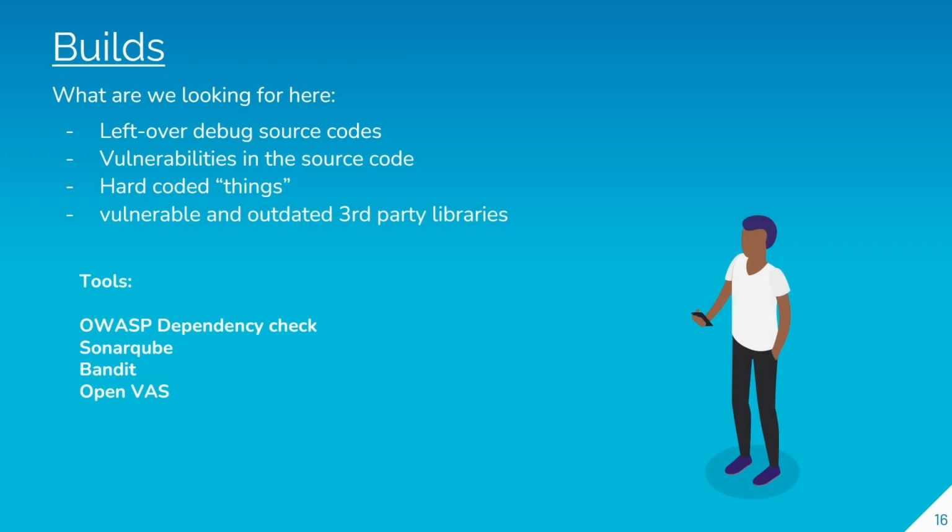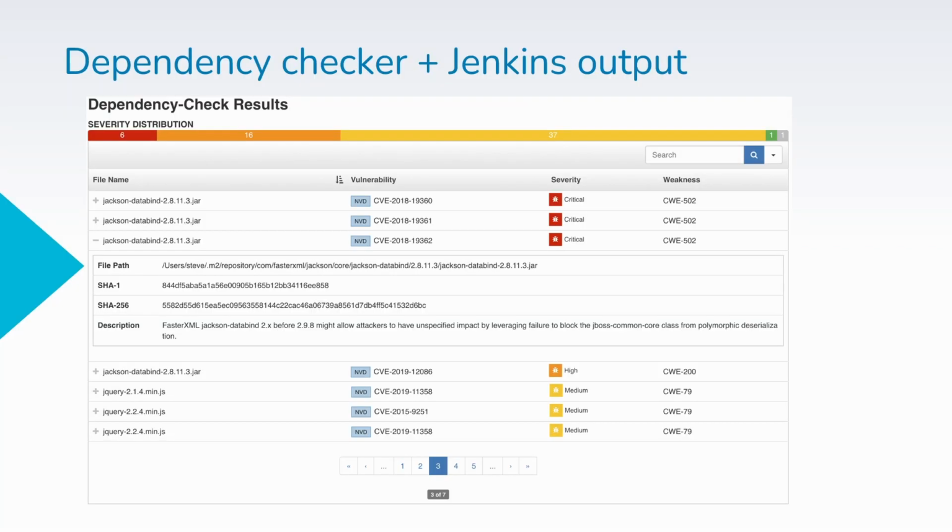Some tools: Talisman, TruffleHog, Git Secret, GitHound. Whichever solution you're using, they have APIs to integrate. Second stage, builds. This is where you find things like vulnerable and outdated third-party libraries. And the best tool for this, standard-wise, is the OWASP Dependency-Check.